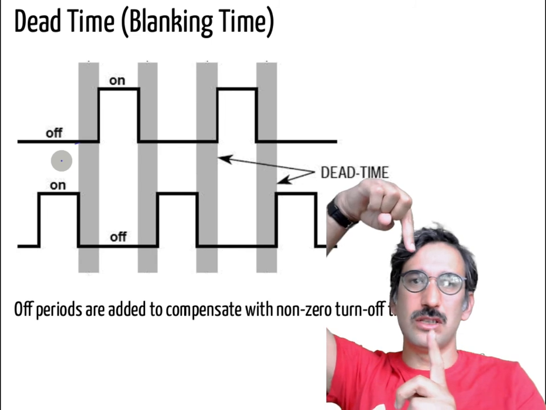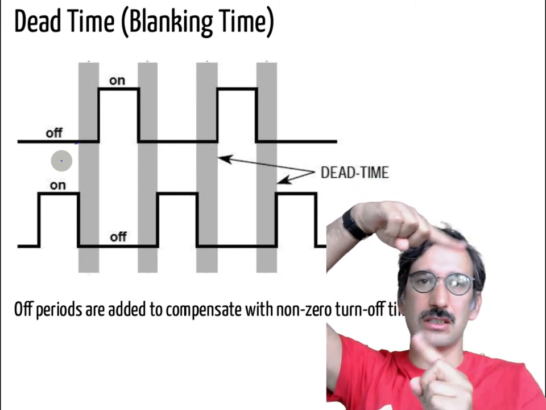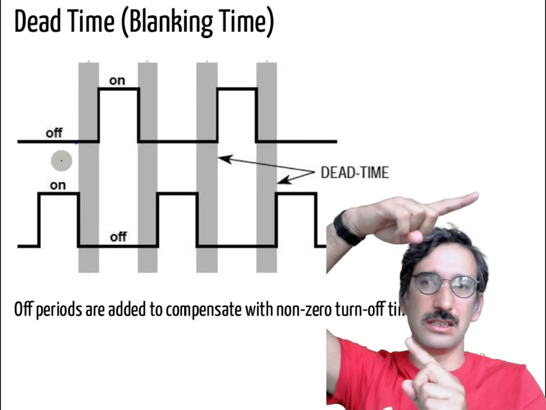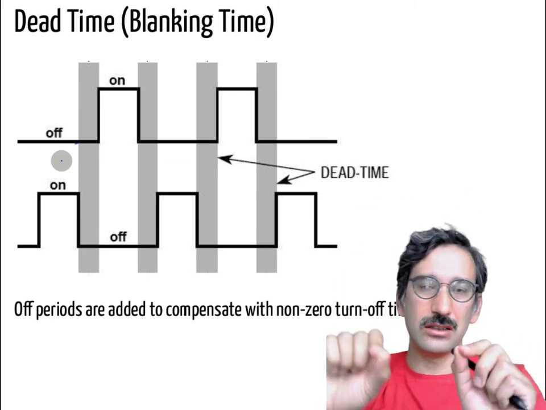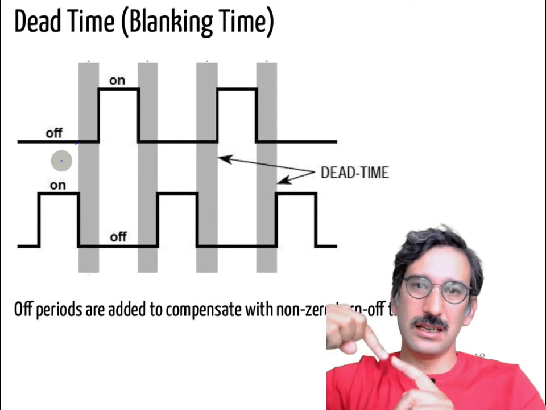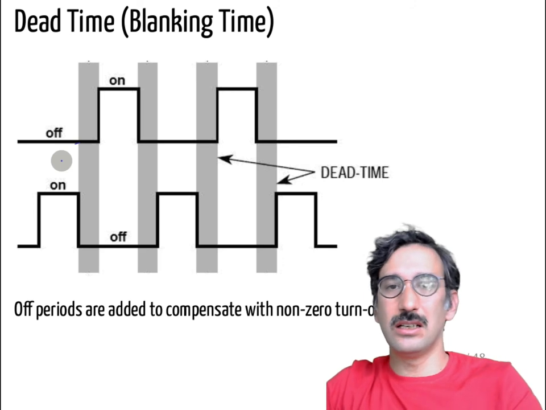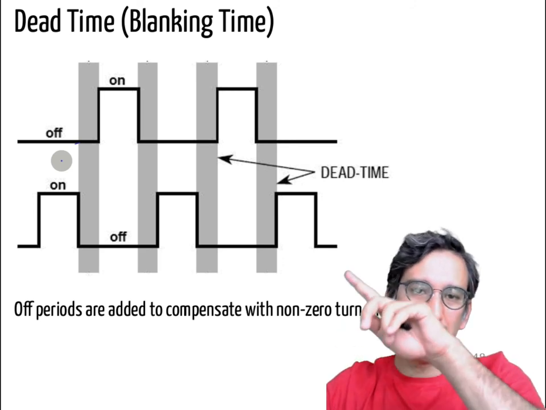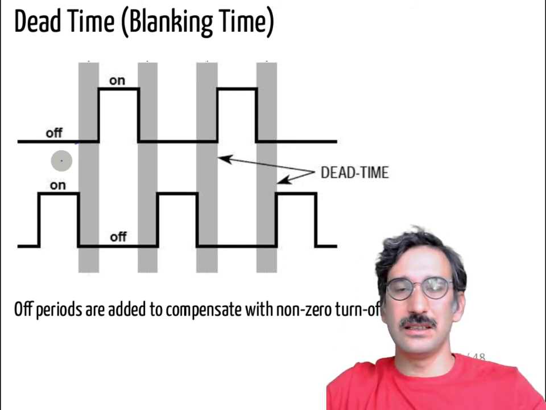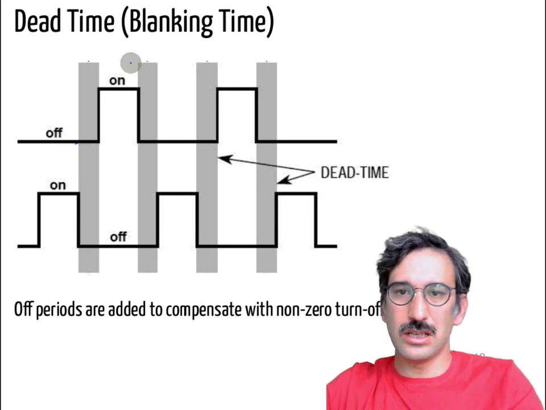If you just use TA plus and TA minus and send those signals simultaneously, because the turning off takes some time, the other switch will get into conduction and then you can generate a short circuit. So in order to prevent that, we use some dead time. That's also called blanking time.